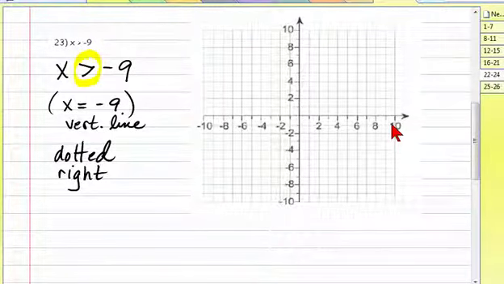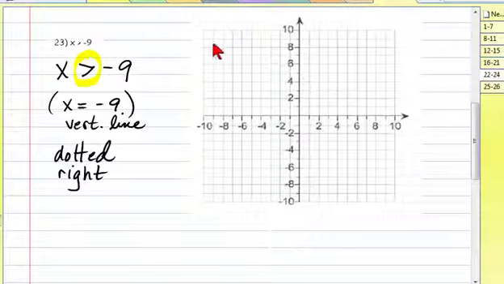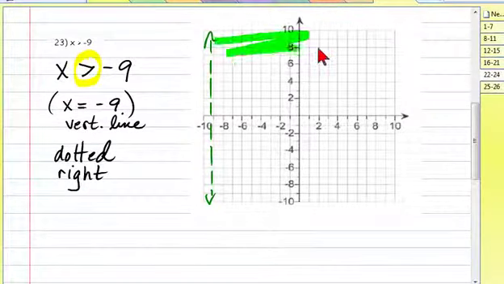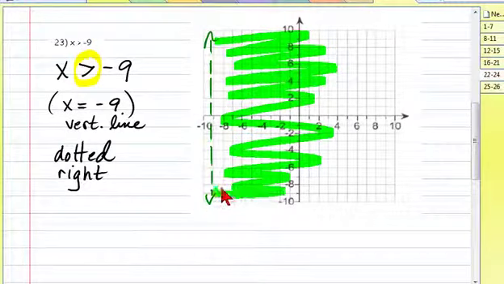So I'm supposed to graph a dotted line at -9, cutting through the x-axis. My x values are supposed to be greater than this, and x gets greater as it goes to the right.